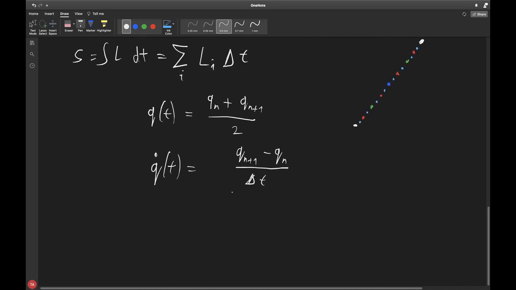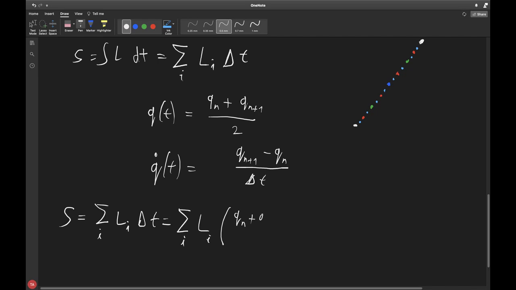Let's put this all back into the expression for the action. The action S is the same as the sum over i of L_i delta t. We discussed earlier that this L_i depends on q and q dot, and now we express those q and q dot with these q_n points.